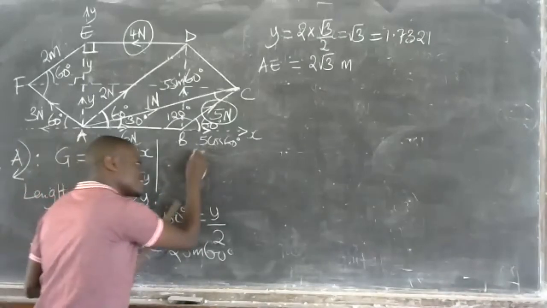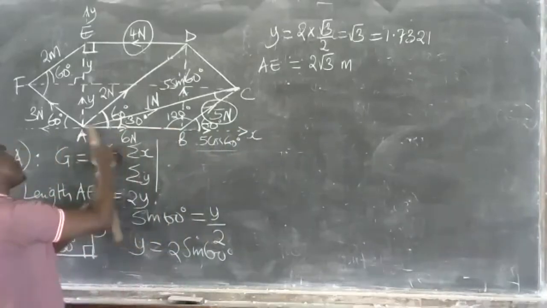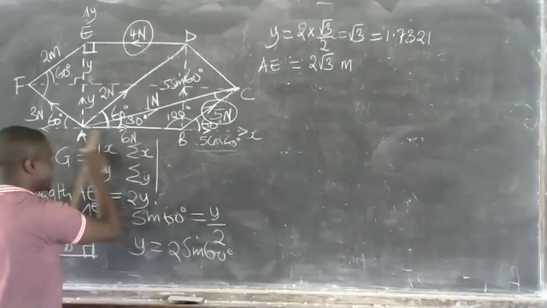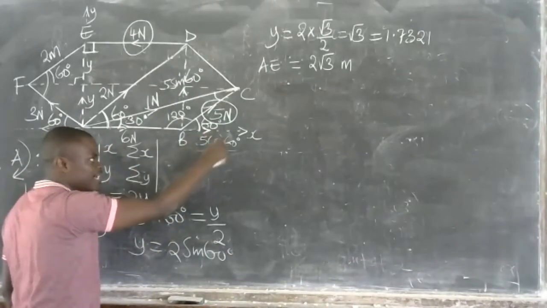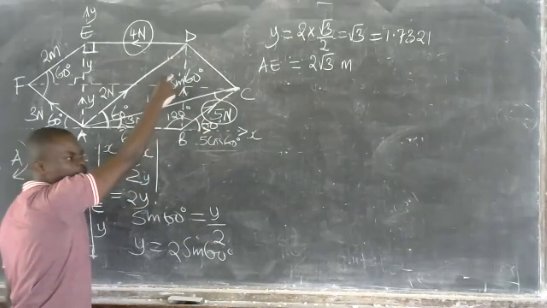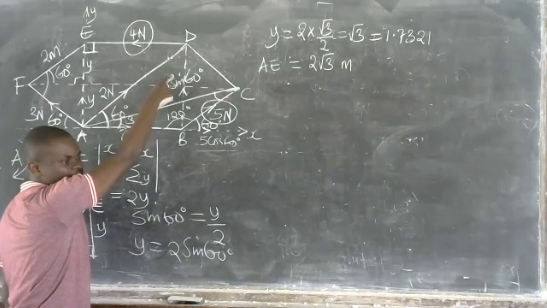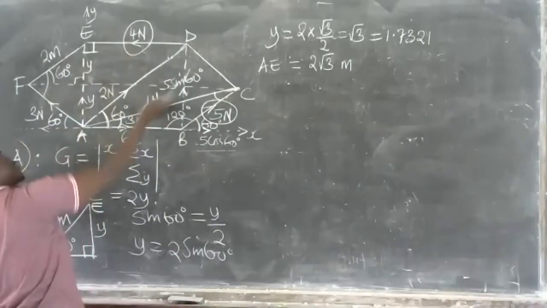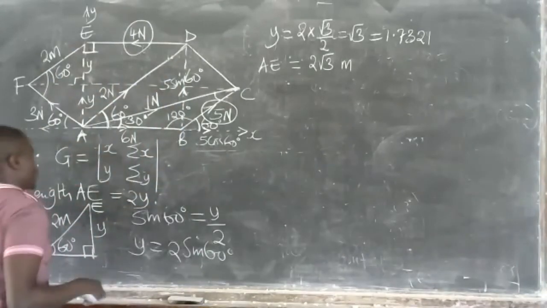But 5 cos 60 degrees is going through point A and therefore has no moment. So I'm left with only the vertical component, which is also anti-clockwise about A because it is facing upwards.